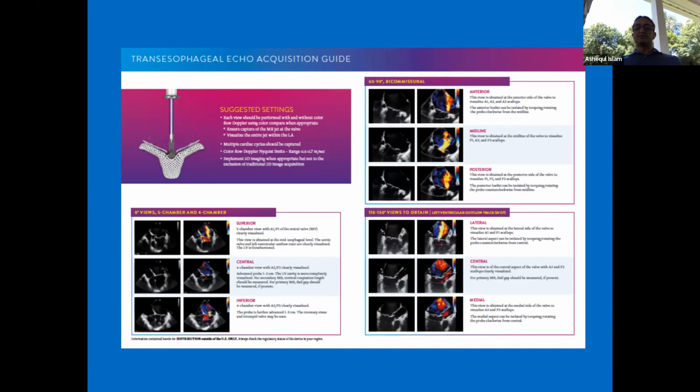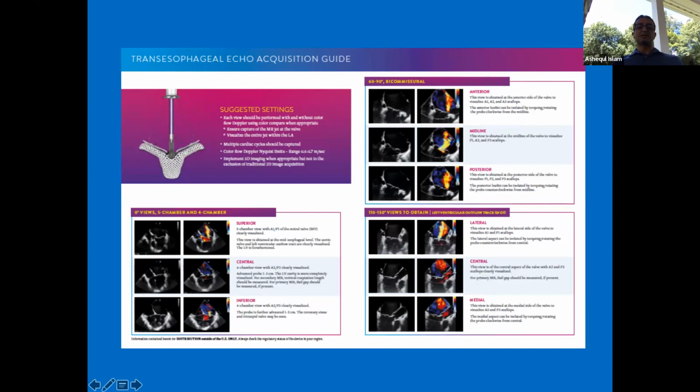So with the same token, when you are in the 110 to 130 view, if you're on the lateral aspect of the valve, again, lateral aspect is A1 and P1. Medial central aspect would be A2 and P2. And on the medial aspect of the valve, you're going to see A3 and P3 scallop.